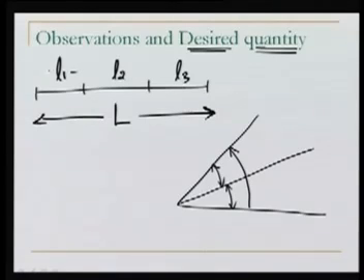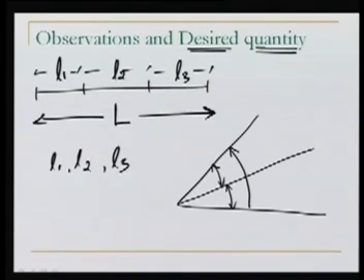We are observing first L1, then L2, then L3. So our observations are L1, L2 and L3, and the desired quantity is L.